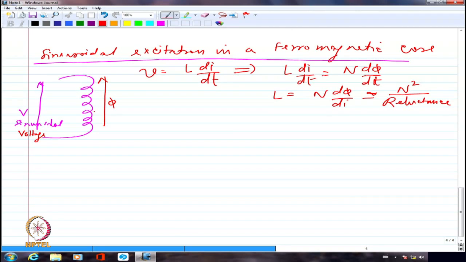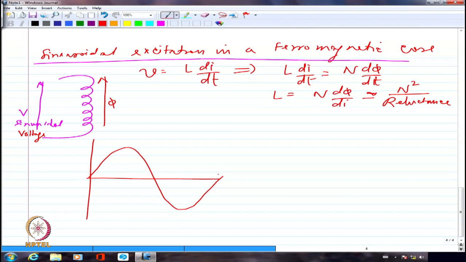So if I say that I am having my voltage somewhat like this, I should be able to say, because this voltage is equal to L di by dt or N d phi by dt, that the flux will be 90-degree lagging, clearly, because current will be 90-degree lagging in the case of an inductance.